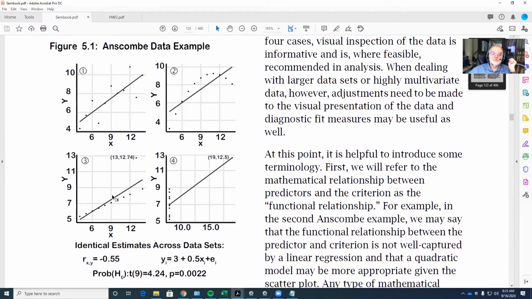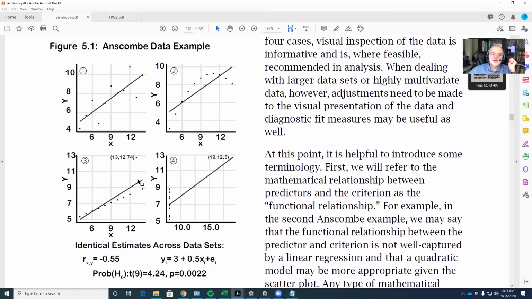Down here, yes, I've got a nice straight line. As a matter of fact, if I just didn't have this person right here, I would have predicted the relationship between X and Y perfectly. In addition, the errors of prediction in this model, because I included this person, are a lot larger than they would have been.